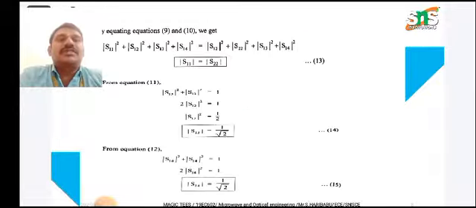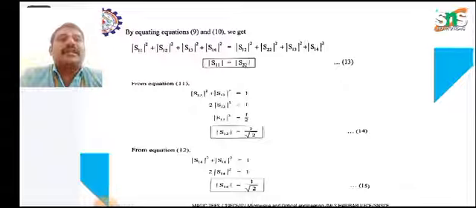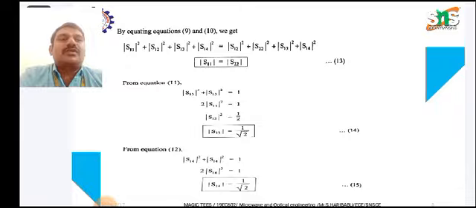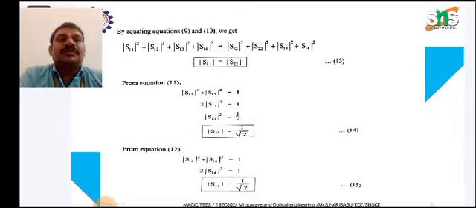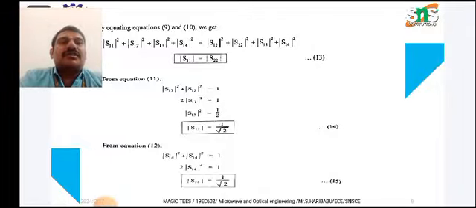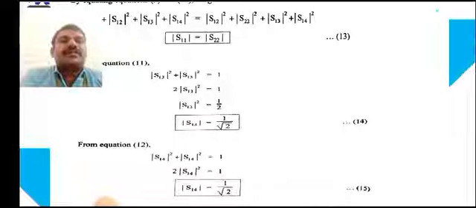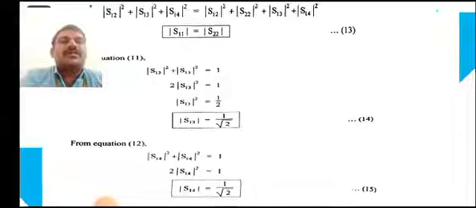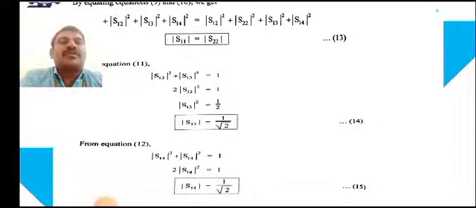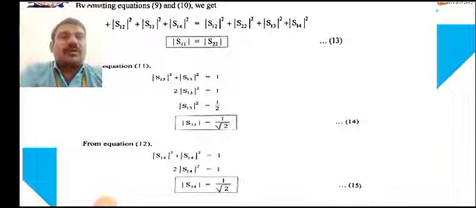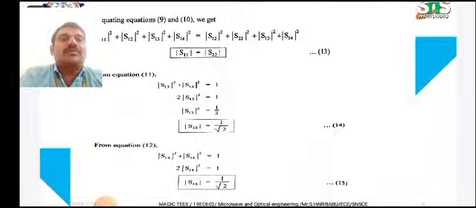From equations 9 and 10 we get S11 is equal to S22. From equation 11 also we get S13 squared plus S13 squared equal to 1. So 2 S13 squared is equal to 1, that means S13 squared is equal to 1 by 2.